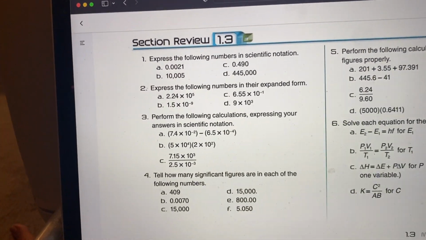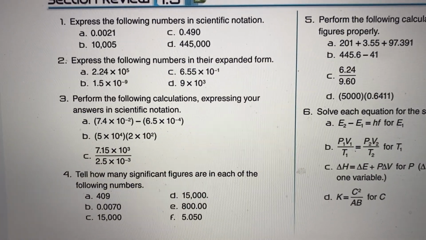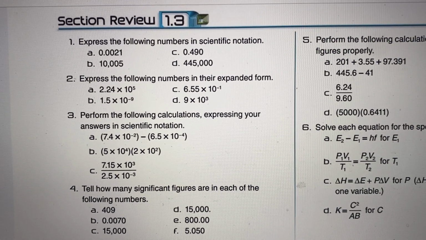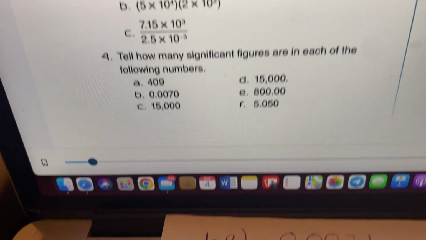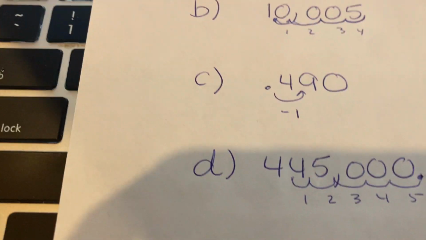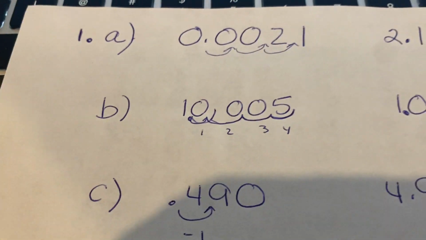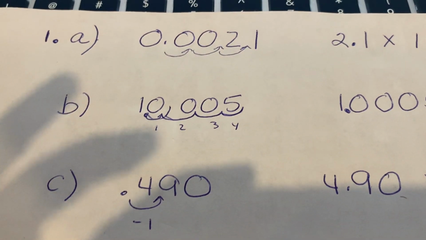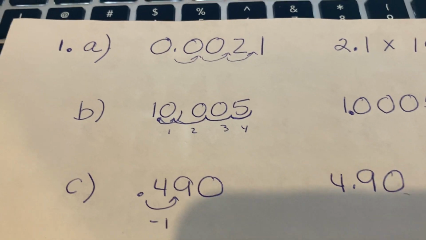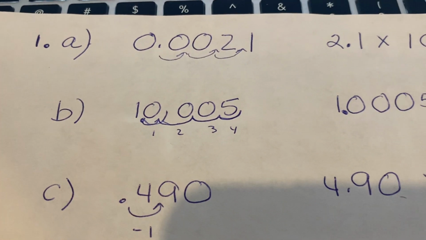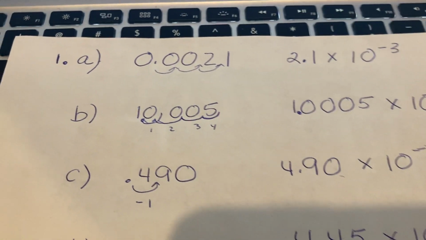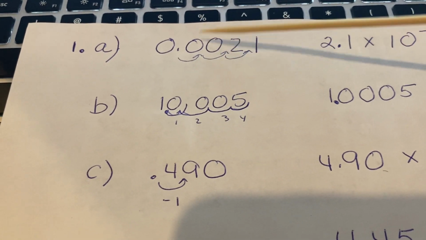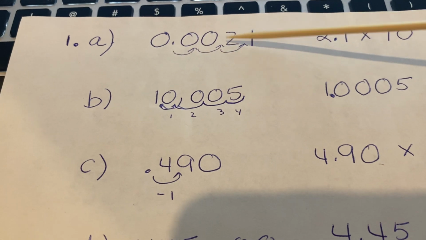So let's look at this first one. These first ones. Number one is to put these in scientific notation. So let's look at these numbers that I've written down here. Okay, A. So we have A here. Sorry, I've kind of lost my pointer here. So A is 0.0021.